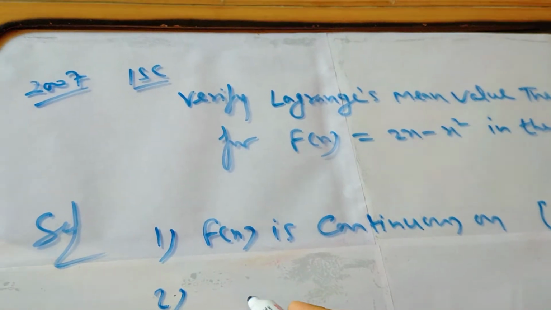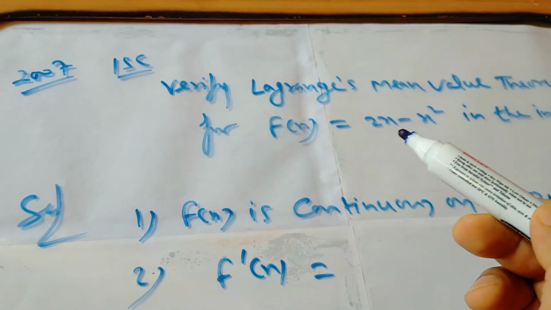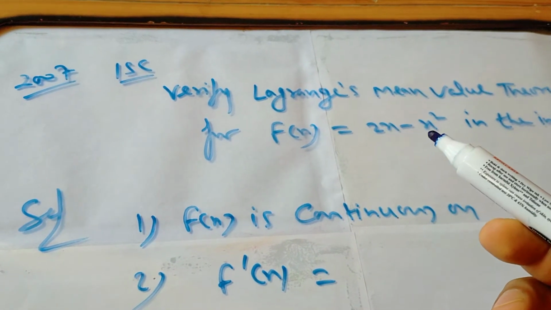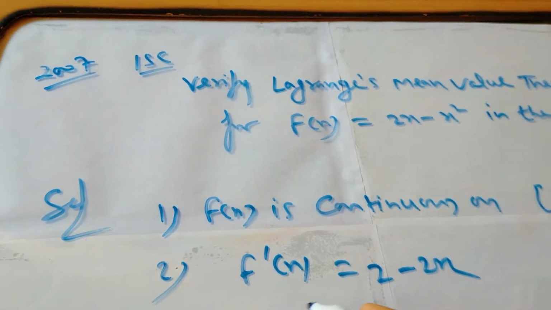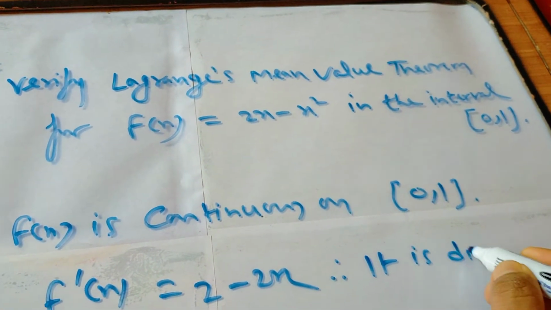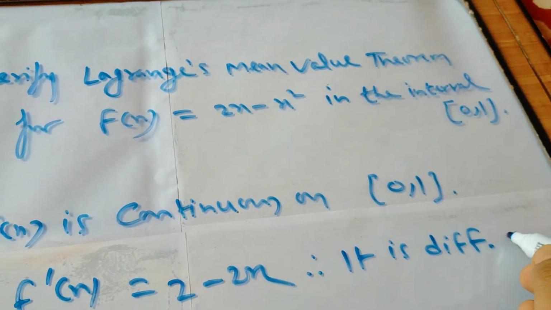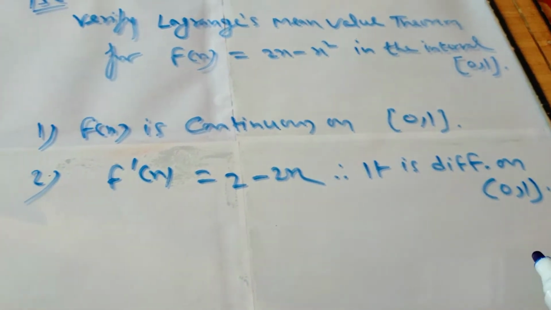In the second step I differentiate it. f'(x) is equal to the differentiation of 2x minus x square, which is 2 minus 2x. Therefore it is differentiable on (0, 1). So the second step is finished.